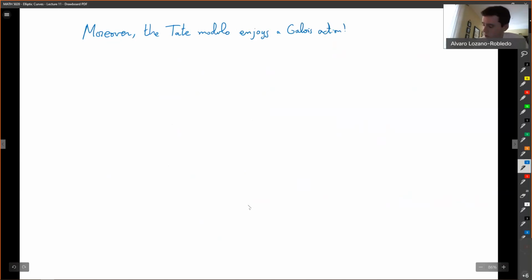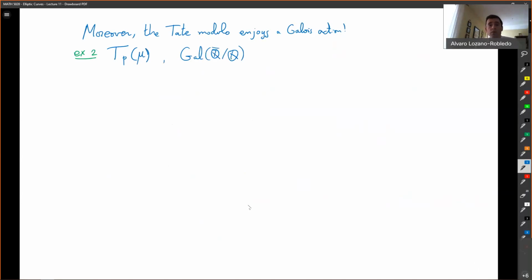So, for example, in example 2, the Tate module of Q. Remember, for roots of unity, we have that the absolute Galois group of Q, which is automorphisms, field automorphisms of Q bar which fix Q, that group acts on roots of unity.